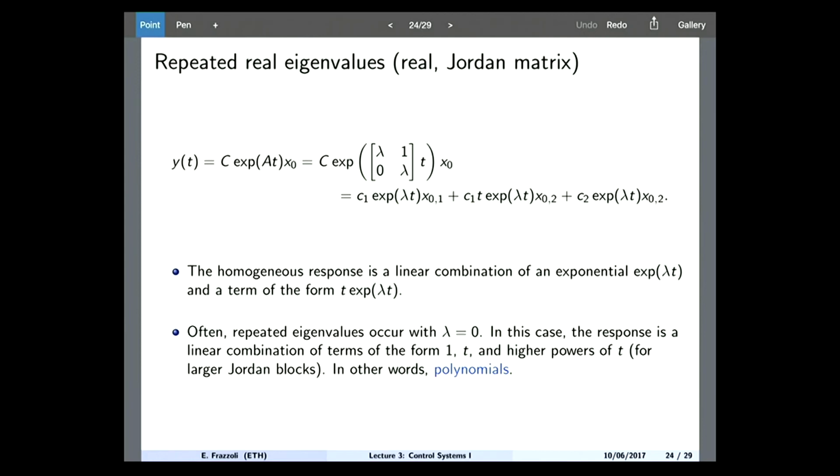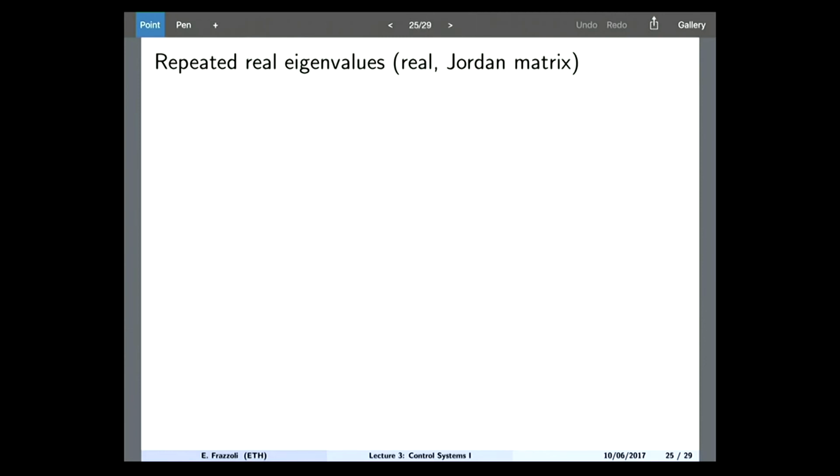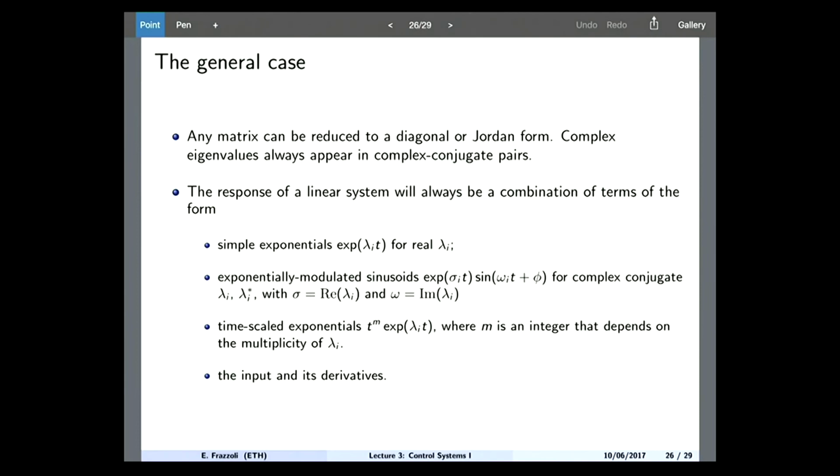So what you're seeing is that in general, the response of a linear system will contain simple exponentials when the eigenvalues are real. Or you may have this exponentially modulated sinusoid, or the sum of complex conjugate exponentials, and this is when you have complex conjugate eigenvalues.